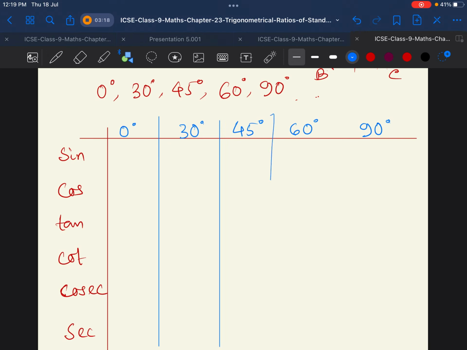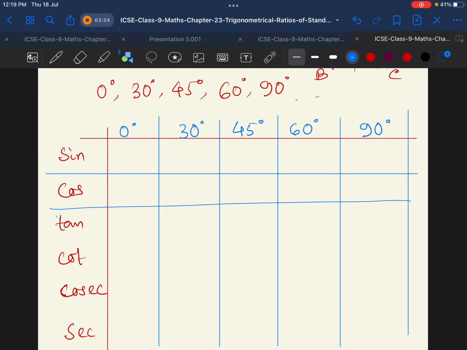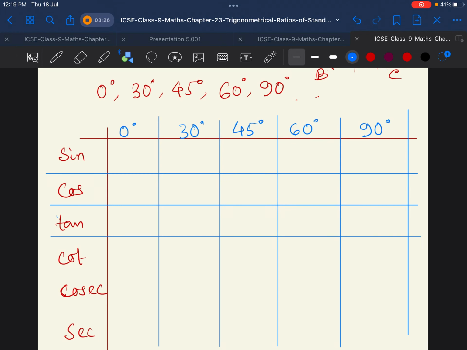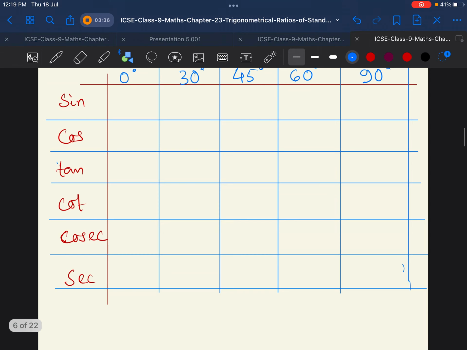So we will make a table. First we will find out the sine table.